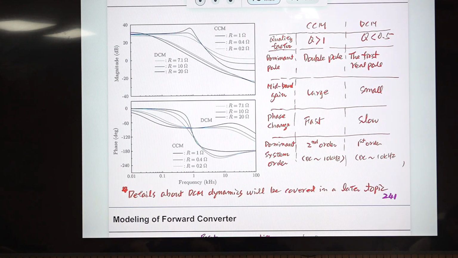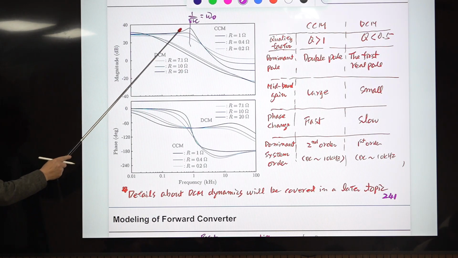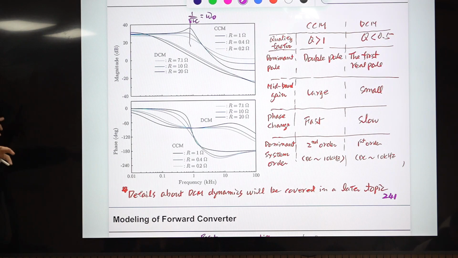CCM has this double pole frequency at one over square root of LC, which is omega naught. With larger values of R, this double pole is split into two real poles. It looks different, but the distance should be the same. They are equally separated, split in DCM operation.